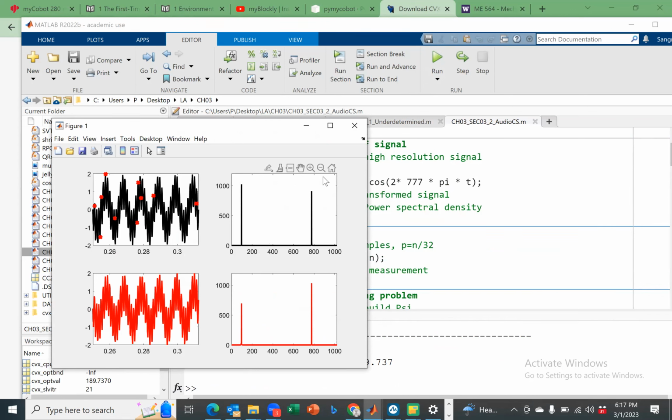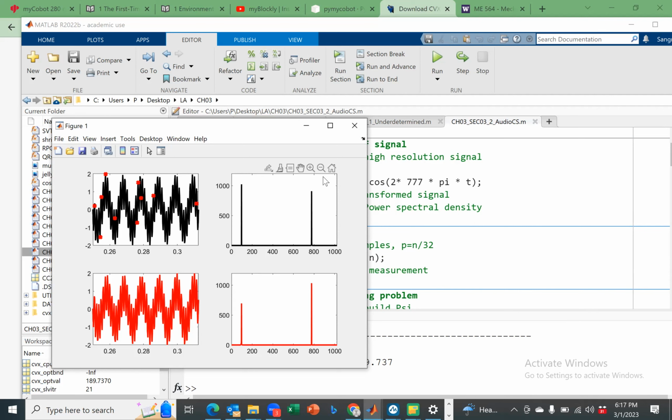Now, I want to find out the frequency components in the signal. To find them, I can take the FFT of this entire signal and I would get the frequency and amplitude. Frequency on the x-axis, amplitude on the y-axis.